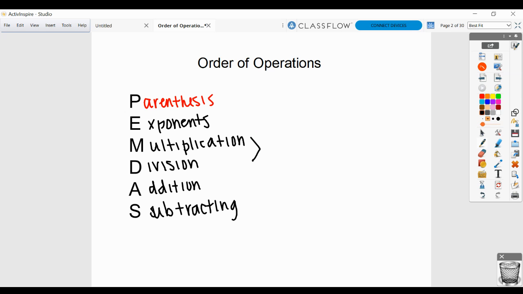And this multiplying and dividing is left to right, so whichever one comes first. And so is adding and subtracting.